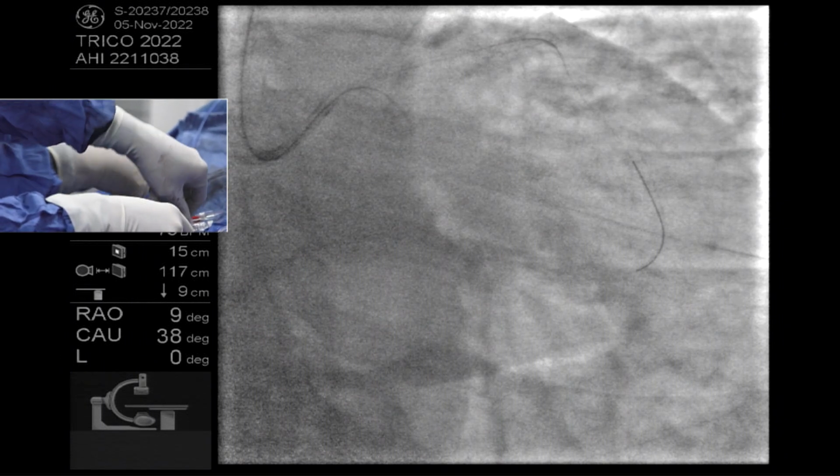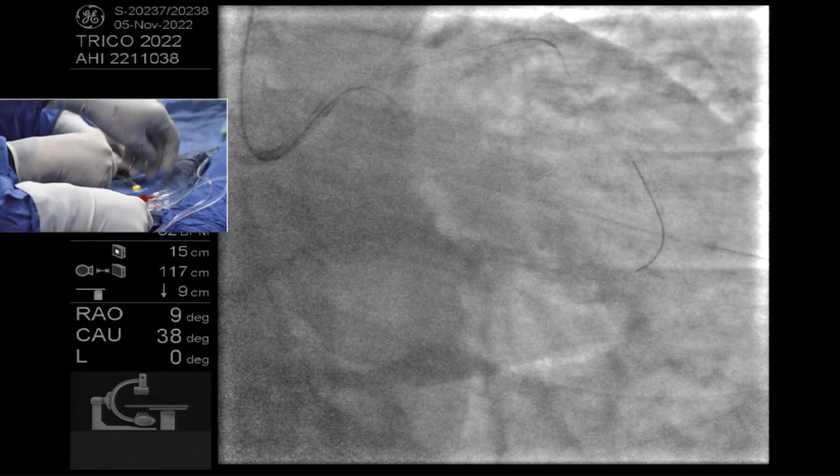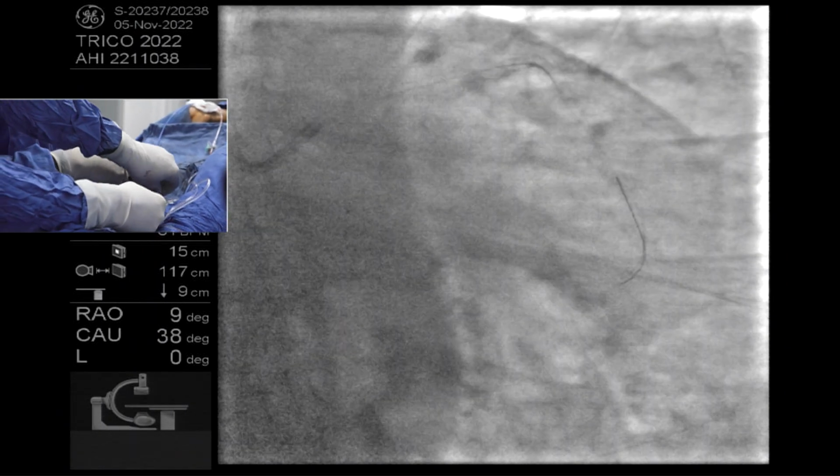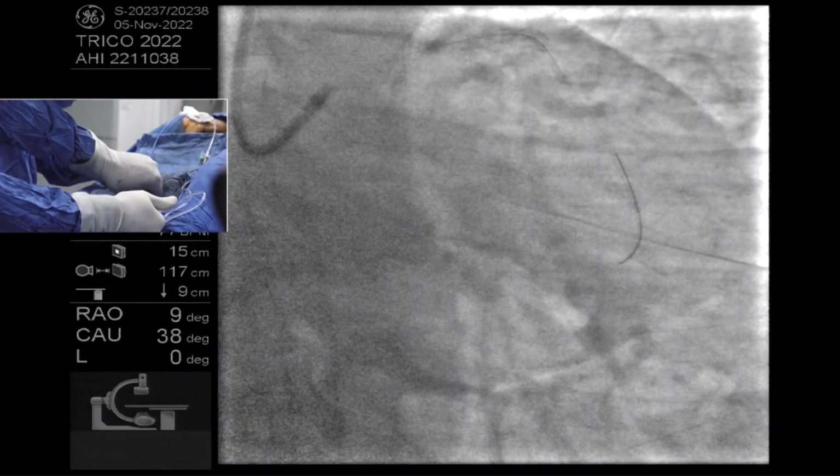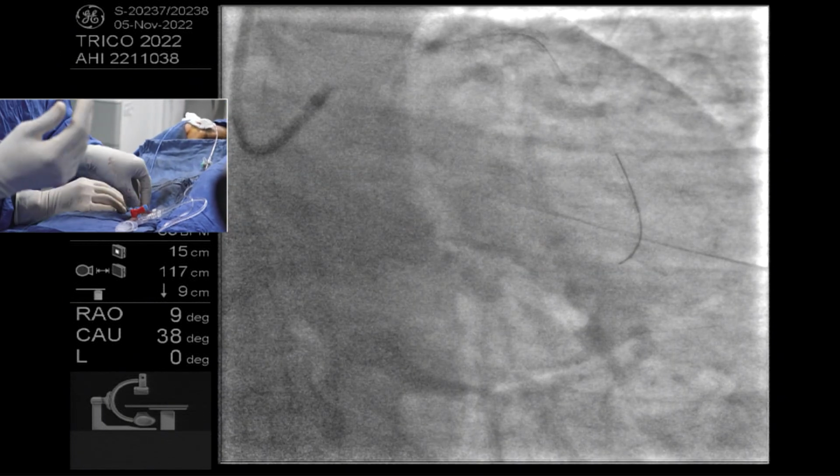So he's modified the bend now, so to me it looks like a perfect bend, so let's see. Can you make the more proximal, more closer?